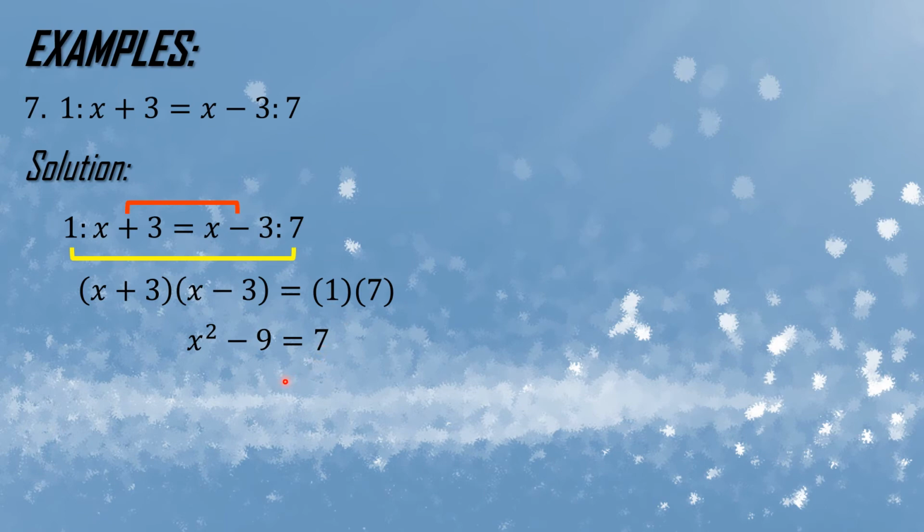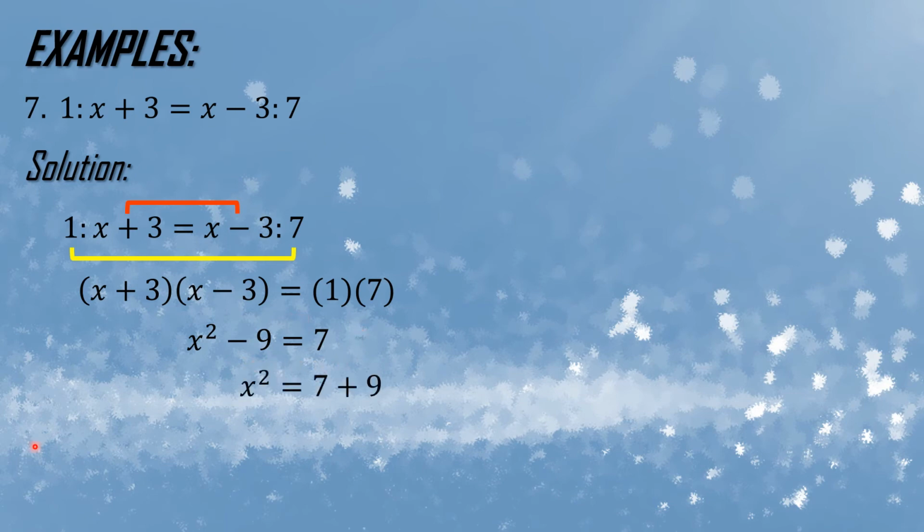Next, kailangan natin pagsamahin yung magkatulad ng constant. So, ang katulad ng 7, which is also a constant, is yung negative 9. So, gawin natin itong negative symbol sa halip na minus. So, kapag tinranspose natin ang negative 9 or nilipat natin ang negative 9 sa tabi ng 7, ang negative ay magiging positive.